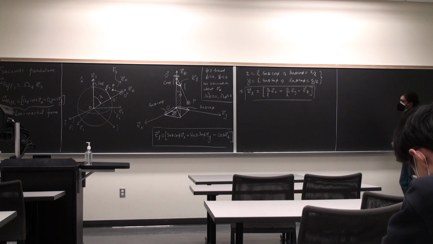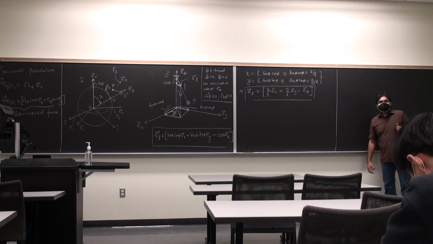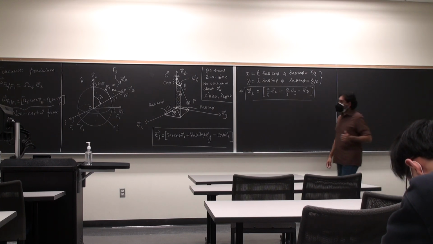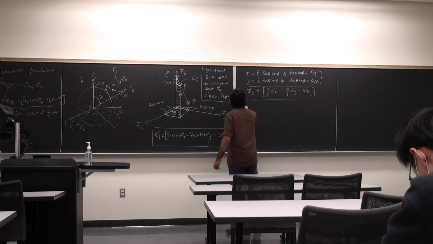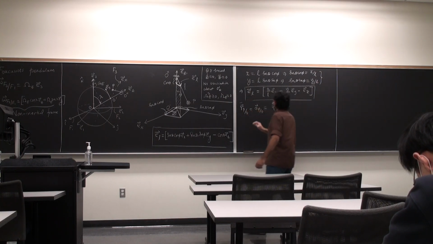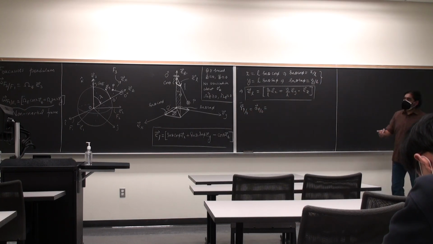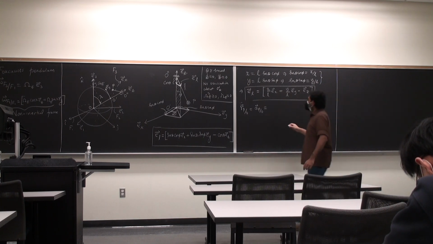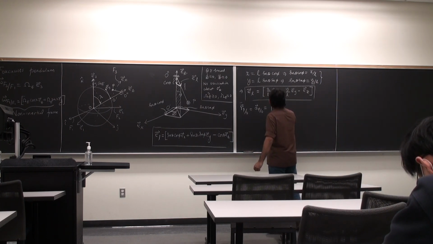All right. I'm going to write down the acceleration expressions from last time. Okay, so this is the inertial acceleration. R double dot, the acceleration of P as seen by a stationary, inertial observer, is the following after a lot of approximations.